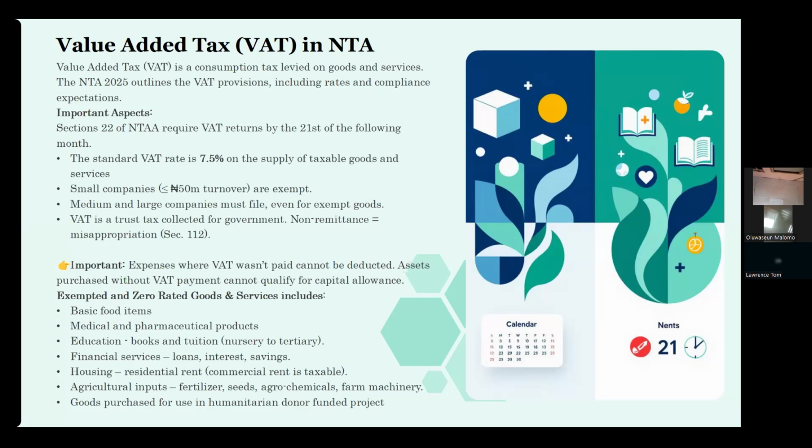All right. So value added tax is a consumption tax that is levied on goods and services. It is when you consume those goods or patronize the service that you would be charged value added tax. The Nigerian Tax Act makes provision for this, and the rate did not change.